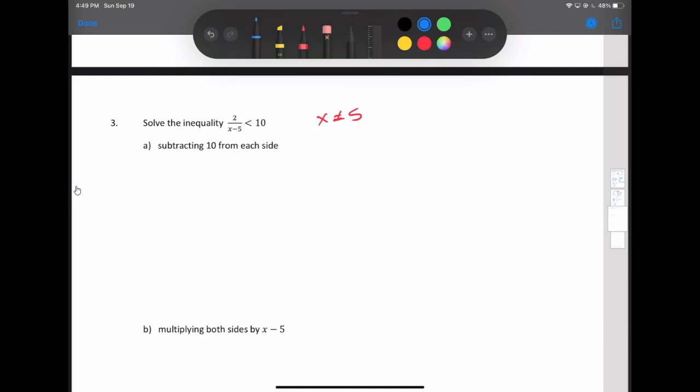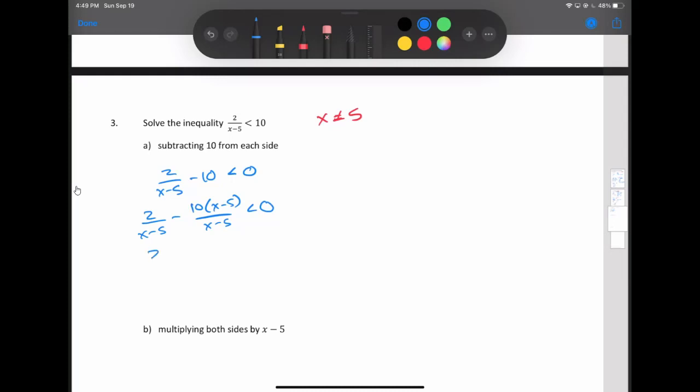If I subtract 10 from both sides, I get 2 over x minus 5 minus 10 is less than 0. Well, I've got two terms on the left. The only way I put them together is if they're fractions. So 2 over x minus 5 minus 10 times x minus 5 over x minus 5.